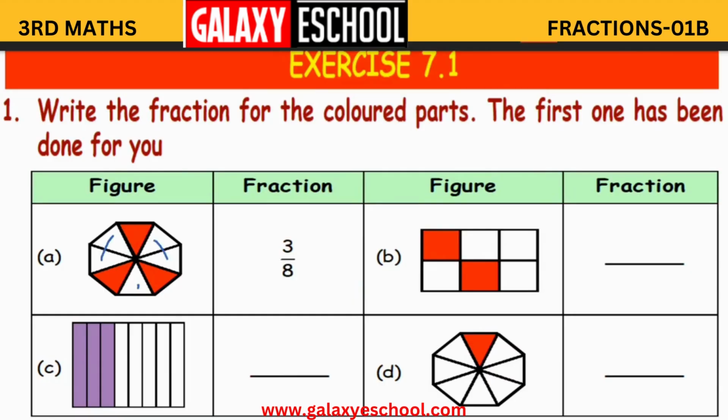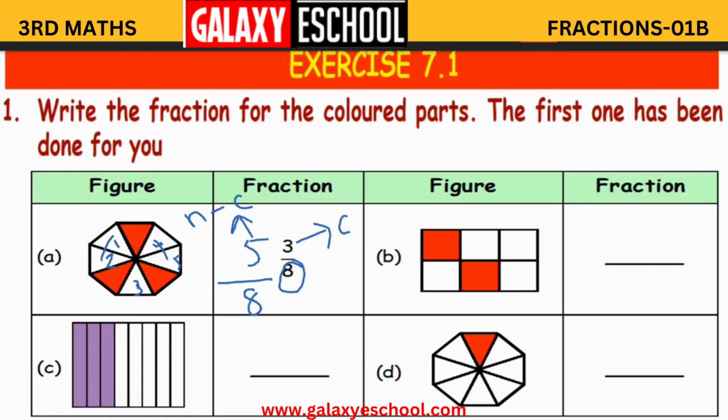How many non-colored parts are we having? 1, 2, 3, 4, 5. So 5 divided by, see the total number of parts will remain the same. The denominator will be the same, that is 8. So 3 by 8 is the fraction for colored parts. 5 by 8 is the fraction for non-colored parts.